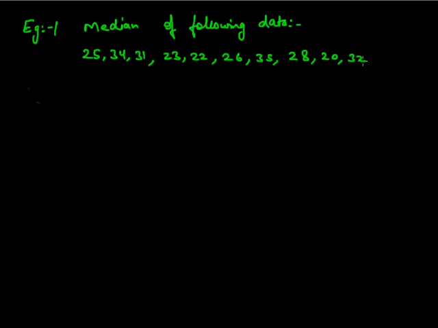So accordingly, we need to find out the median in this case. As I already said, whenever we need to find out the median, first we need to arrange the data in the ascending or descending order. So first we arrange the data in the ascending order. The minimum value here is 20, so we will start with 20.